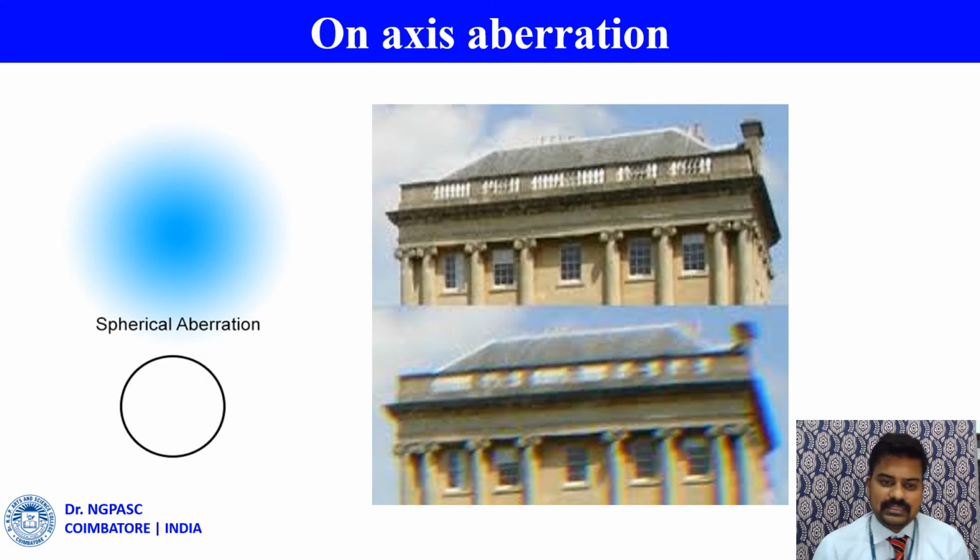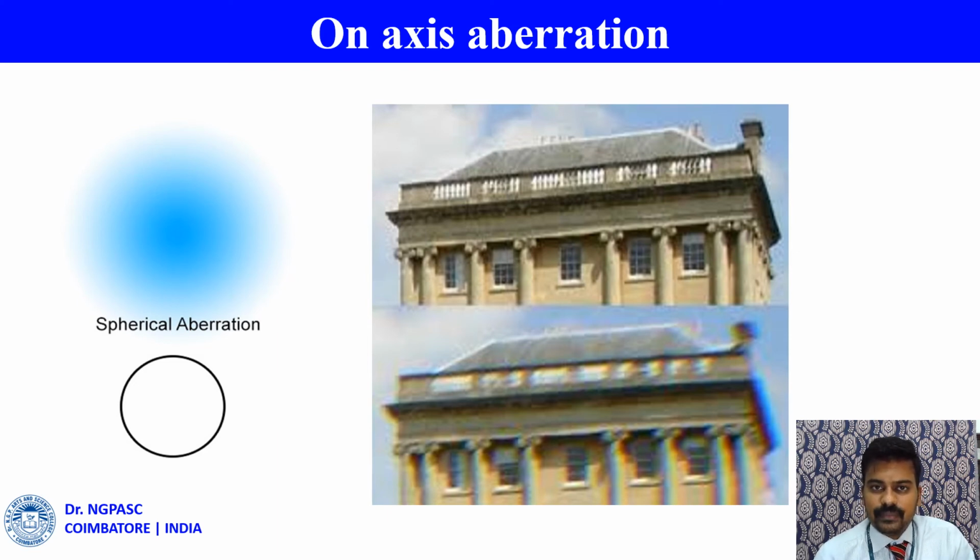Now some examples of spherical aberration and chromatic aberration. Here we can see the clear image of the circle, but if you see this circle through a spherically aberrated lens, we observe a blurred image like this. Then this is the real image of this building.